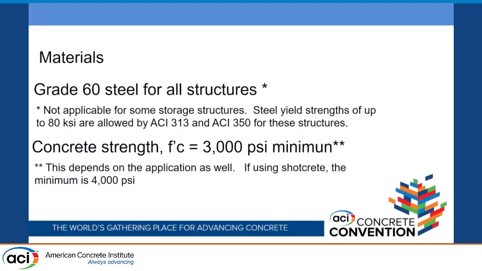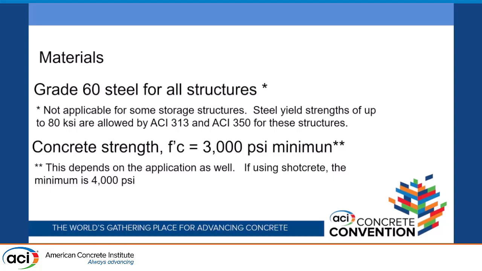Okay, and there are some structures like dome silos where they'll put 50,000 tons of Portland cement or coal or grain or something, right? There are parts of those structures where we can use up to 80 KSI steel, which is specified or allowed by ACI 313 and 350. But for a typical architectural type shell, we would never use anything greater than the 60 KSI steel.